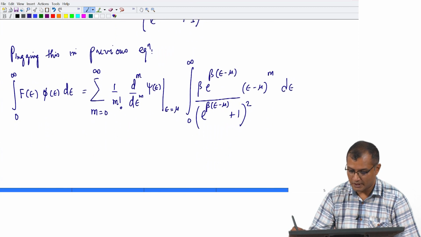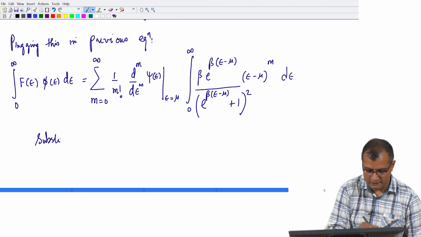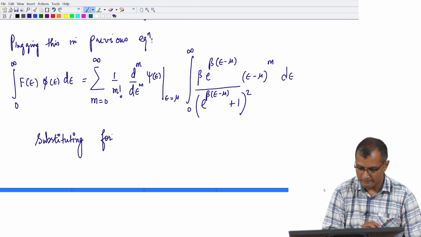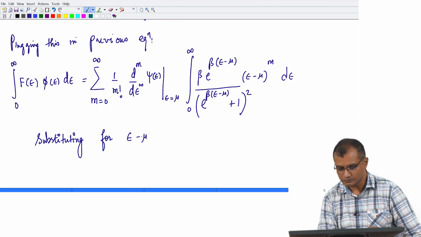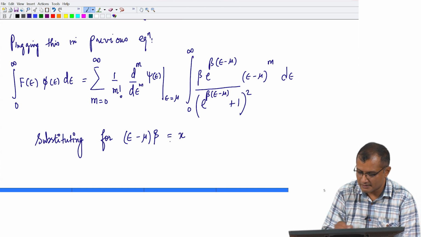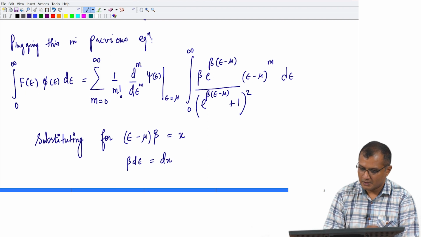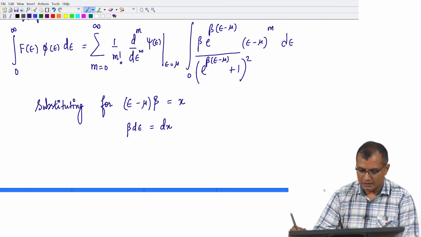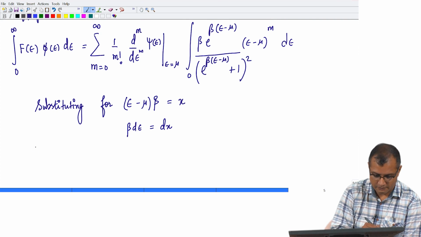Right. So, now just make a small substitution to solve this integral. Let E minus mu into beta be some x. So, we can write down beta times dE as dx. That will make my integral very simple in terms of x.